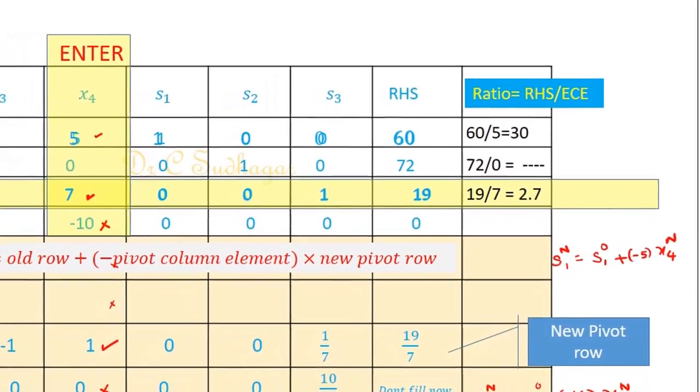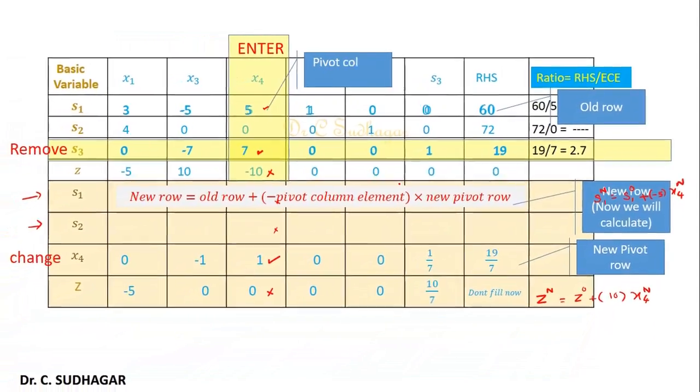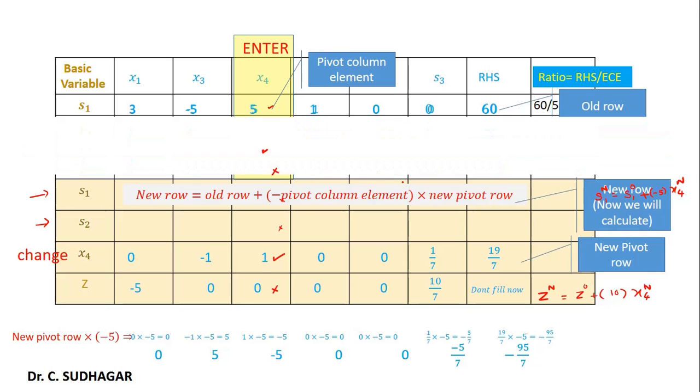Let us take the numbers from the old row and multiply them by minus 5. When I multiply by minus 5, we get these values. Now we can add it with the old row. So this is the old row. We take these values and add these two.